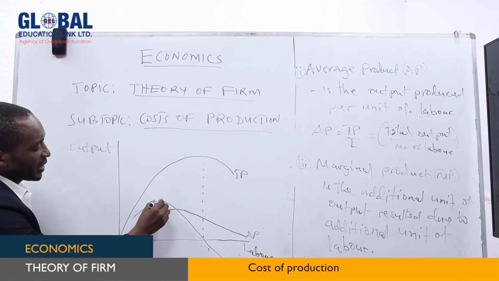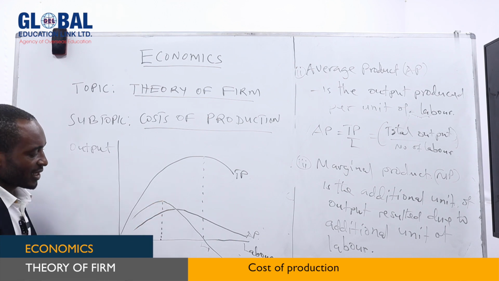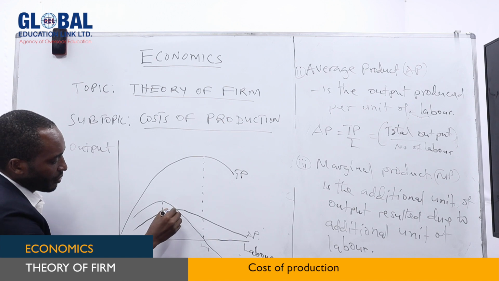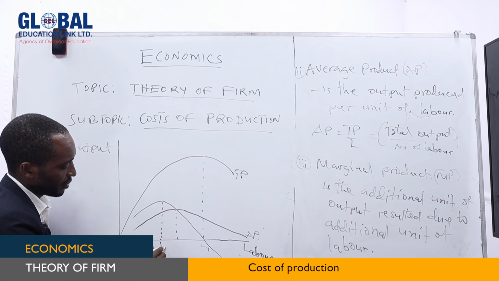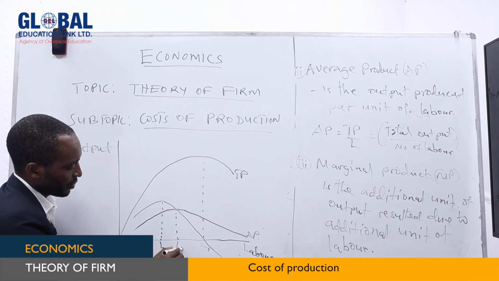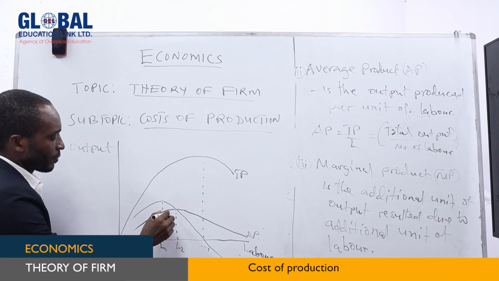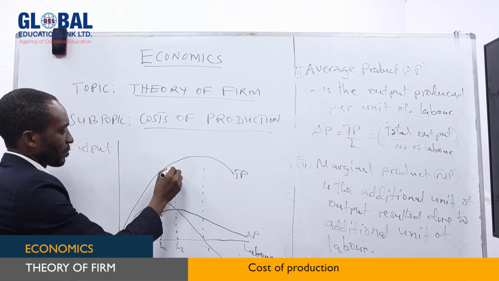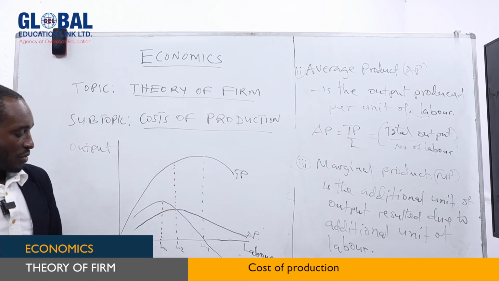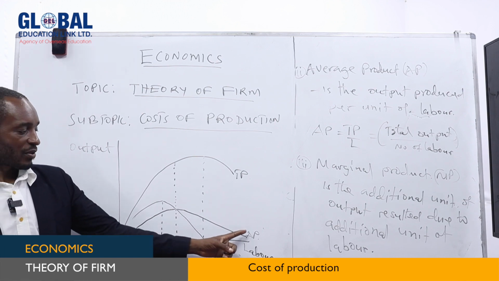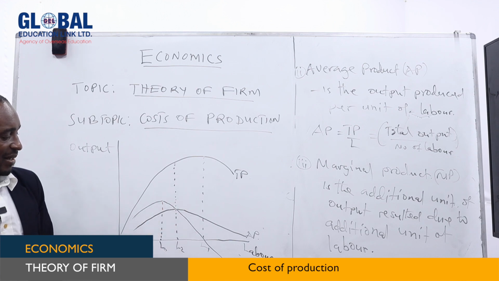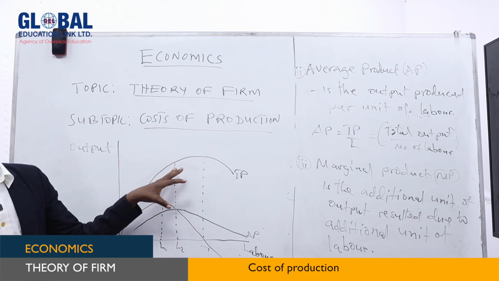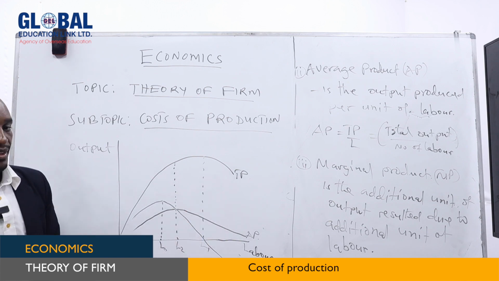This point shows the maximum marginal product, and when these two curves intersect here is L, let's say L0, this is L2. So when marginal product and average product intersect, the average product is at a maximum. So the production curves will be like this one.